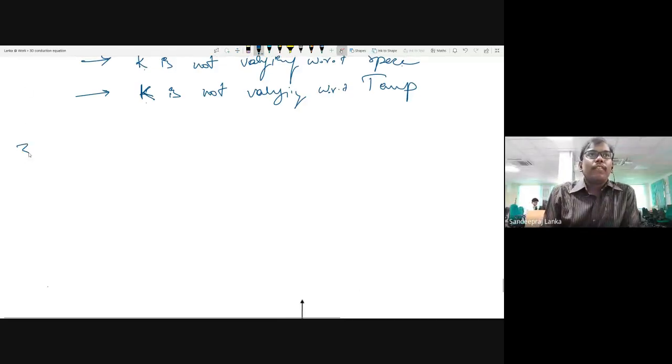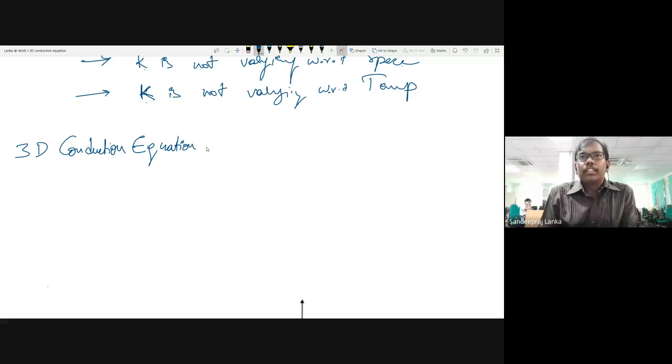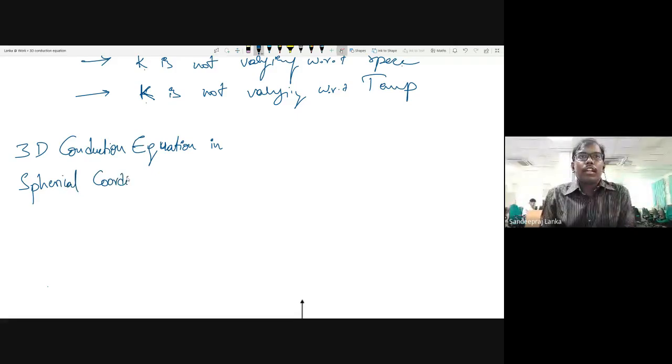Now, today we will move to the 3D conduction equation in spherical coordinate system.